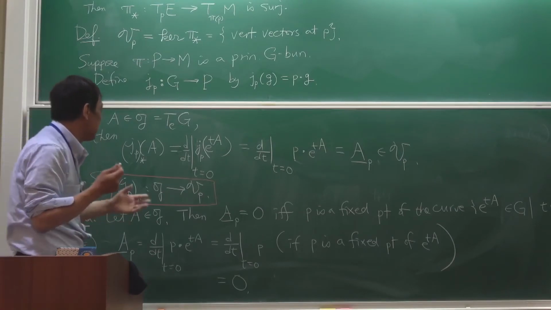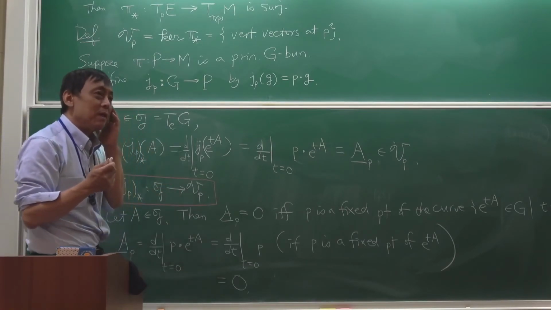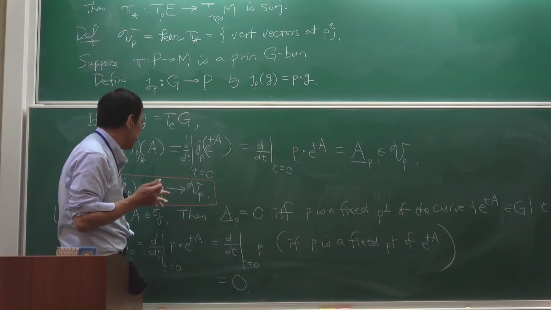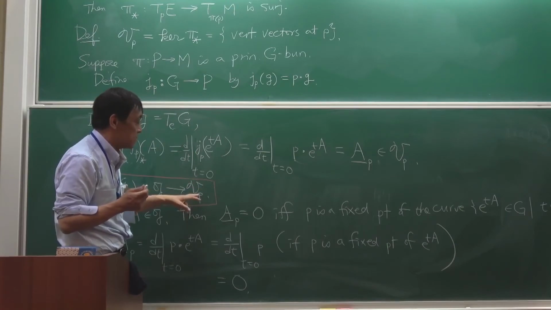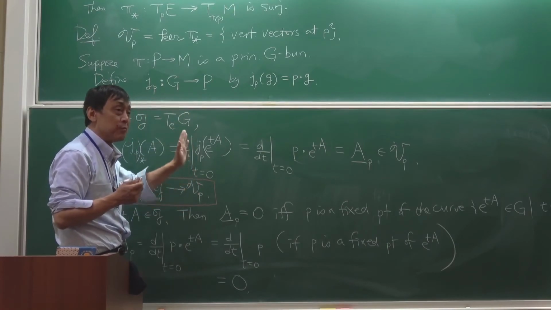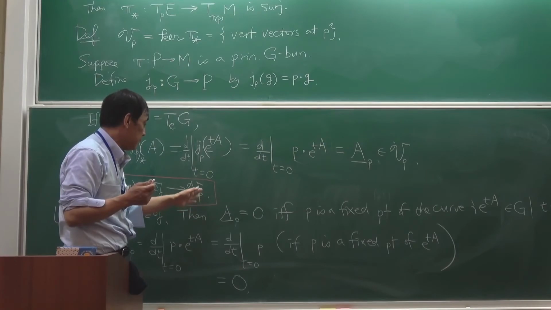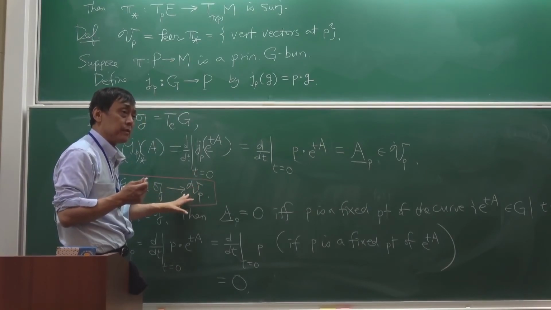It's going to be an isomorphism, but these have the same dimension, right? Because this has the fiber dimension of the principal bundle, so the fiber dimension is the dimension of the Lie group.